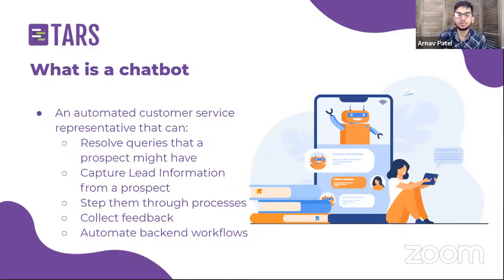Another great aspect about chatbots is that they can easily step people through processes. We don't think about this often, but say that someone has a question about the application timeline: what the timeline looks like after you submit your application, what the deadline is, when they expect a response, how the entire process will go.